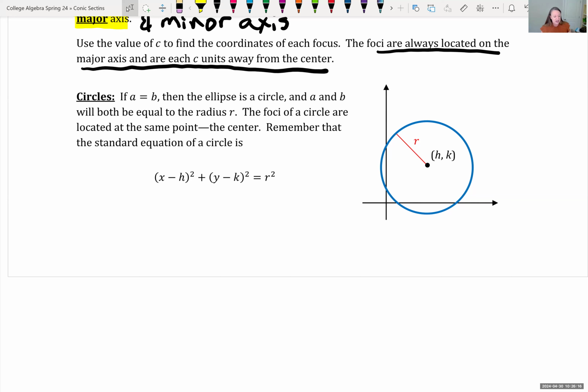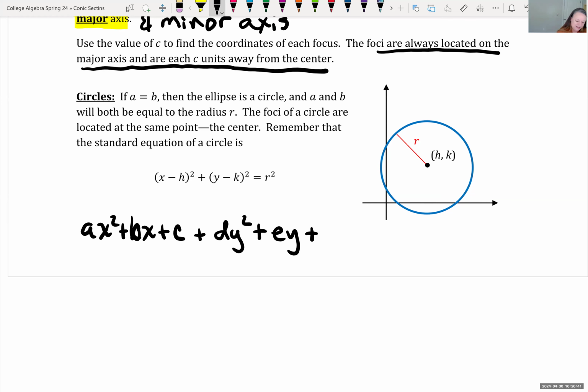In order to tell that it's an ellipse versus a circle, the coefficients matter when we have something in the form of ax squared plus bx plus c, and then we're going to have something in the form of dy squared plus ey plus f equals 0.